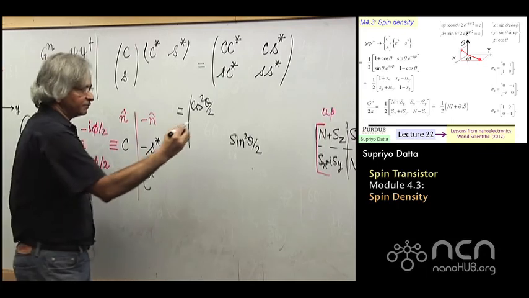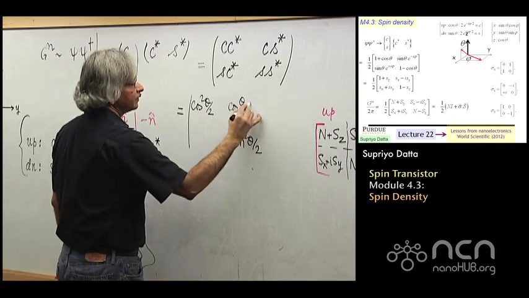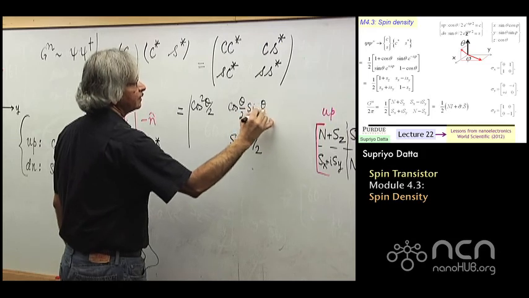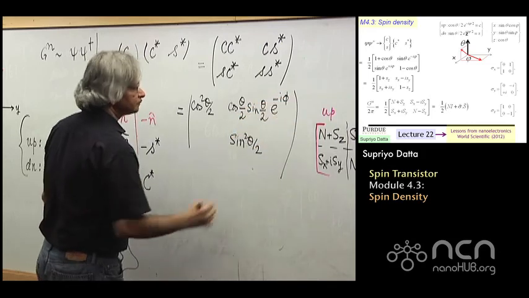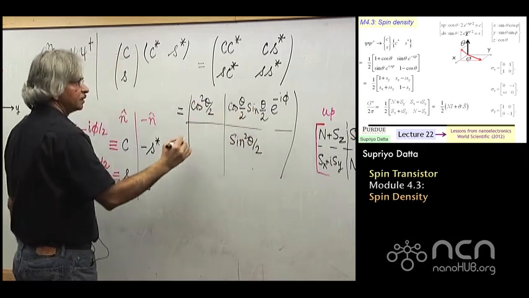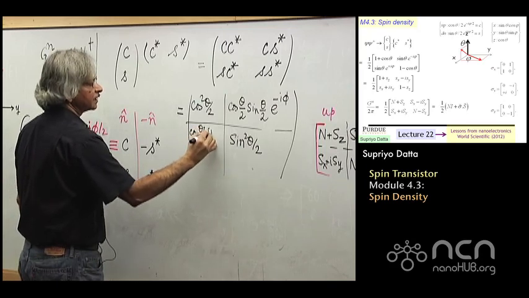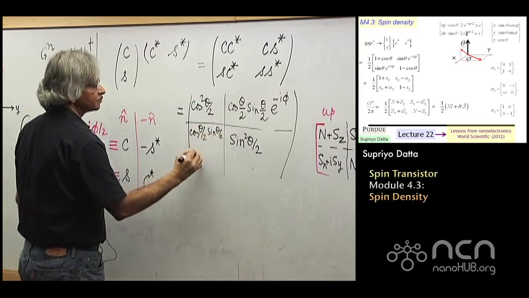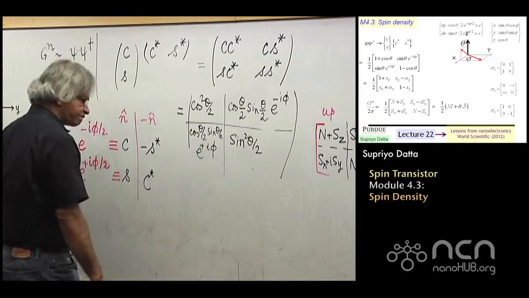So what you'd have is something like cosine half theta, sine half theta, and then e to the power minus i phi. And here, what you'd have is exactly the same but complex conjugate: cosine half theta, sine half theta, exponential plus i phi.